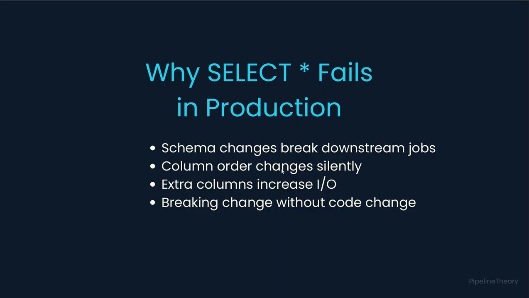And why this generally fails in production is, let us take a scenario. You have an Oracle SQL DB as your source system, that is your upstream system, and you are connecting to that upstream system from your ADF pipeline or any kind of ETL tool or Databricks. You run that select star on top of your upstream system, and you get all the data.